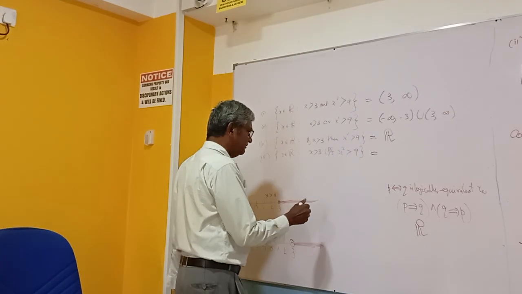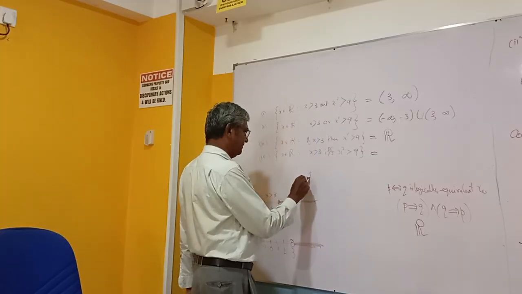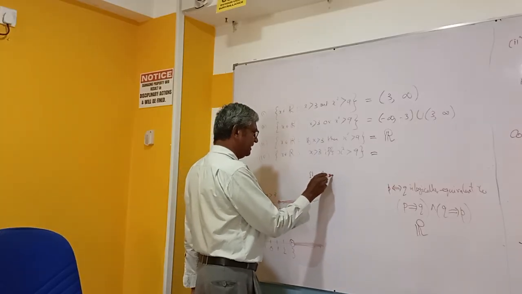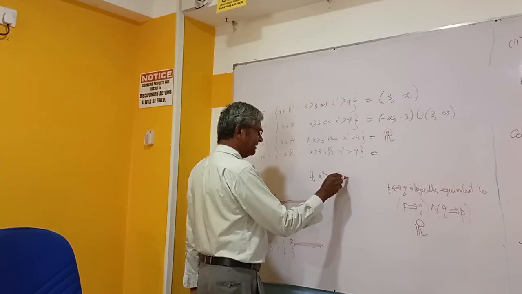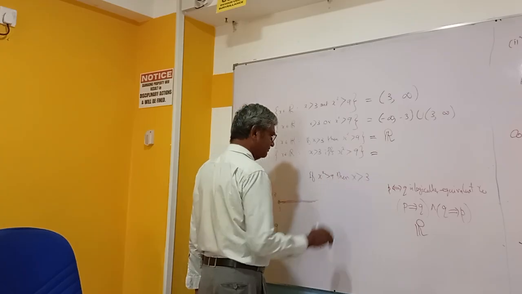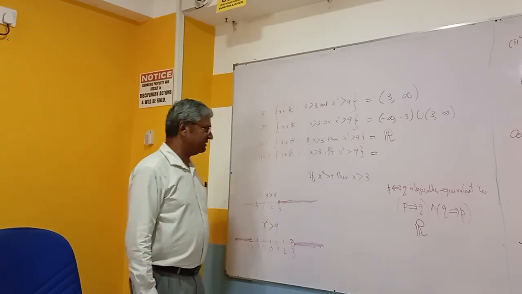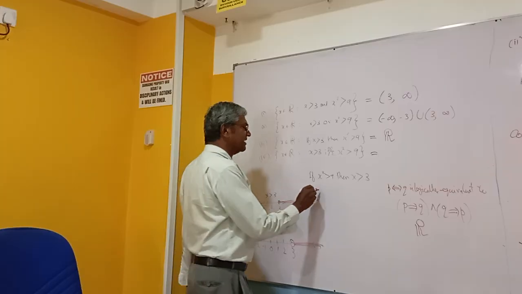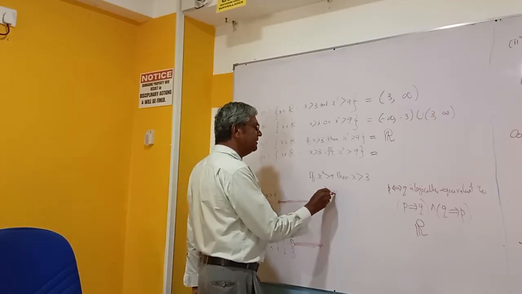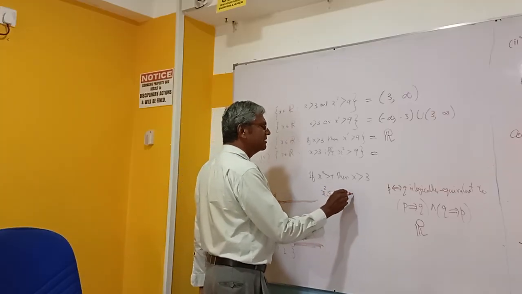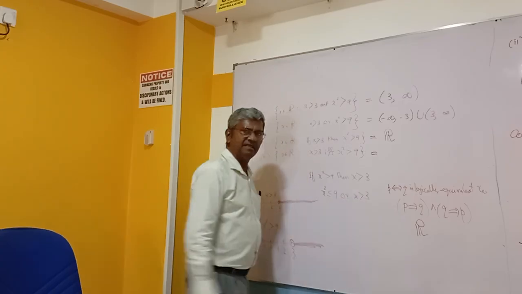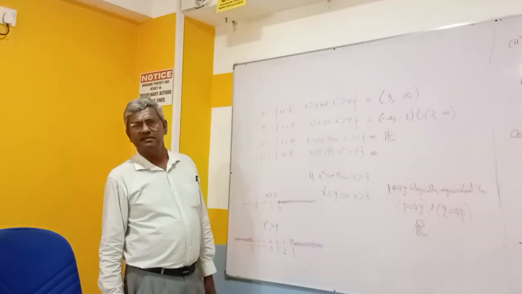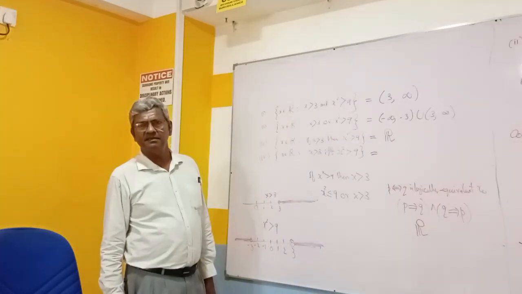Now we want the sentence if x squared greater than 9, then x greater than 3. What is this set? This is x squared less than or equal to 9 or x greater than 3. Right?